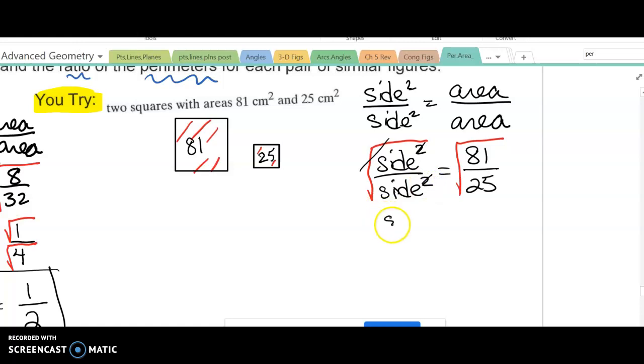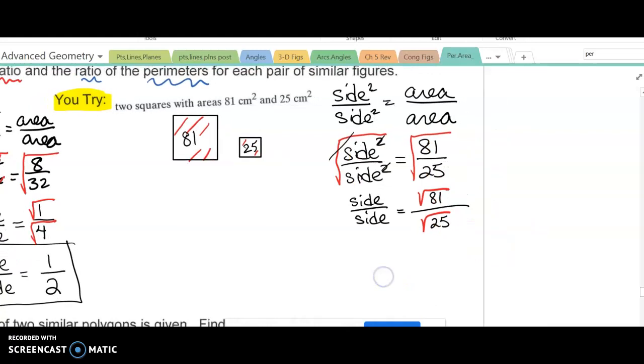And so this becomes just the side-to-side ratio equals, this one doesn't reduce. 81 over 25 do not have any common factors. So I'm just going to split it up into the square root of 81 and the square root of 25 separately. So what number times itself is 81? That would be 9. What number times itself is 25? That would be 5.